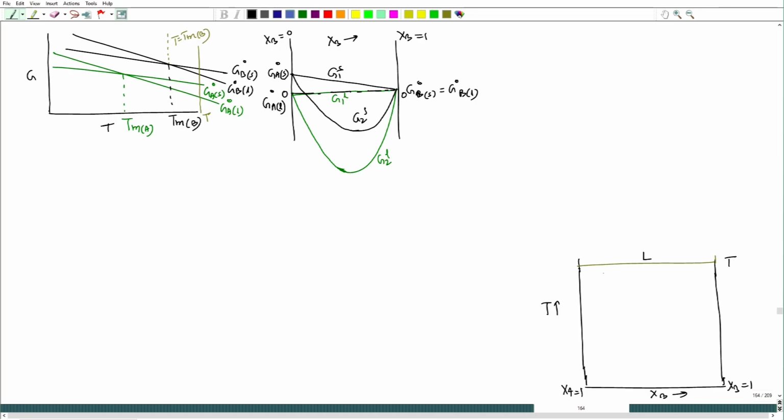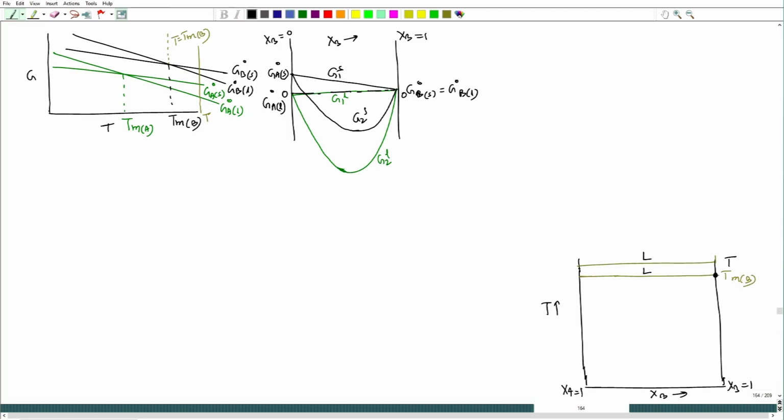At T equal to Tm B, we will have this point where both solid A and B will be coexisting, their stabilities are same, but at all other compositions liquid will have stability. So, it will still be liquid solution over the other compositions. And remember, the relative steepness of those G2 lines will gradually decrease. Why? Because temperature is decreasing.